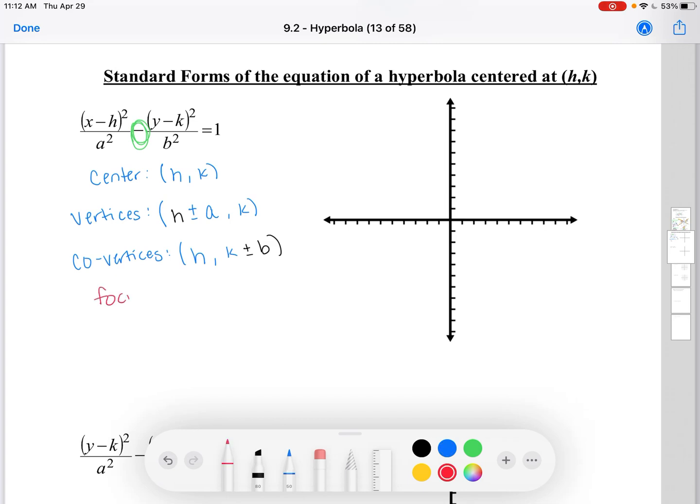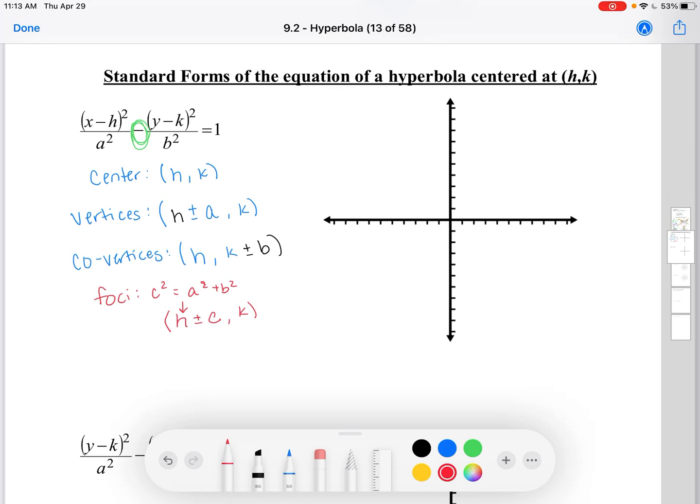After that, I'm going to go ahead and find my focus, or my foci, to make it plural, using the formula c squared equals a squared plus b squared. And once I have that value, again, remembering that I'm working left to right for this graph as a squared is paired with my x, that is going to make my focus also change my x value. So I start with the original h from my center, plus or minus my c value from my foci formula, and k will stay the same.